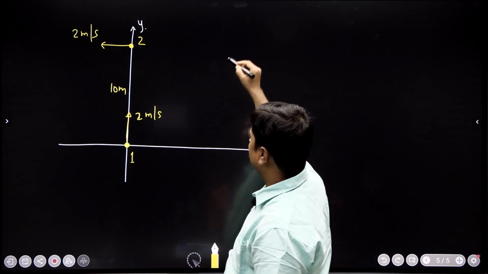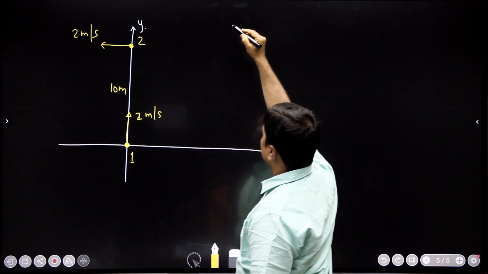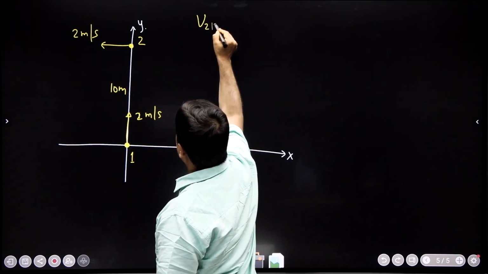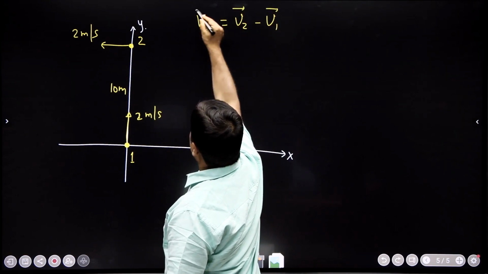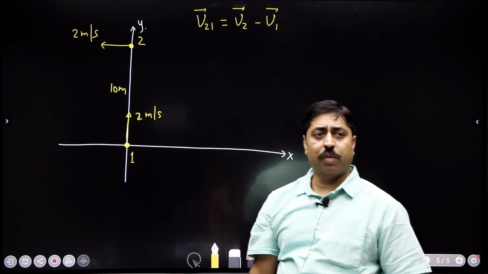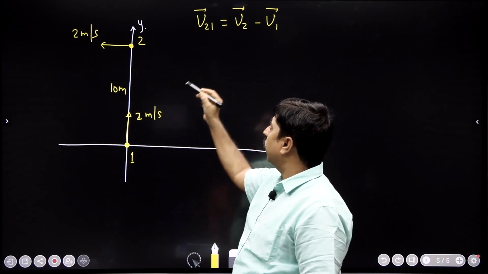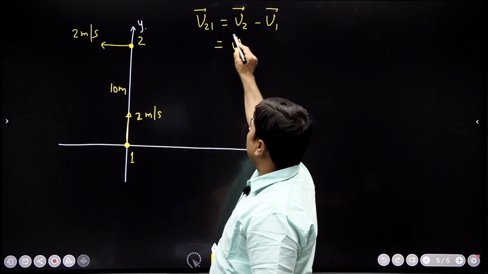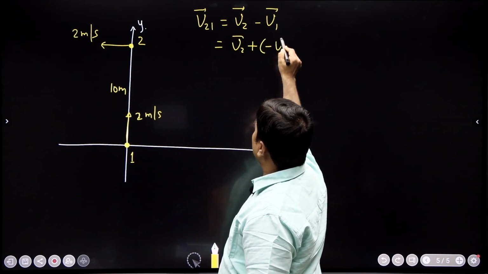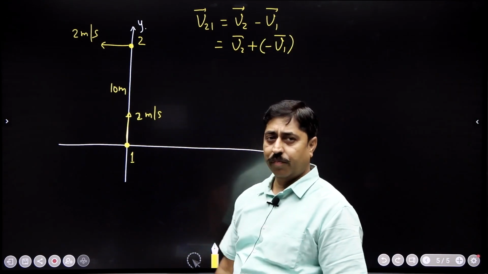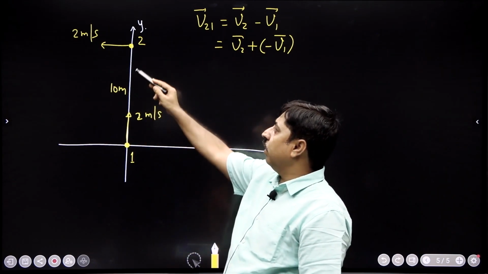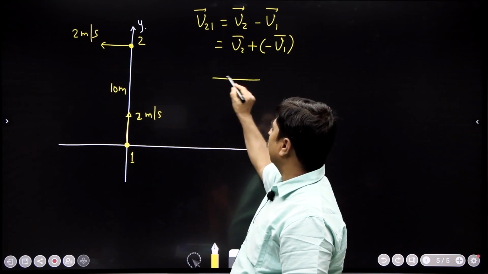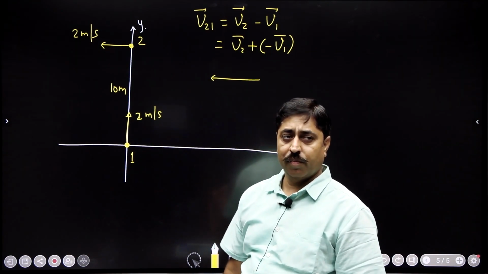So, in physics, we say that velocity of 2 relative to 1 is actually v2 minus v1. How do you calculate this? You calculate this by adding minus v1 vector to v2. Now, what is v2? v2 is a velocity of 2 meter per second in this direction.